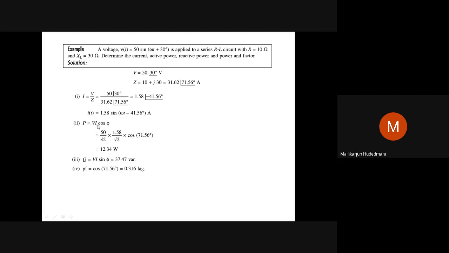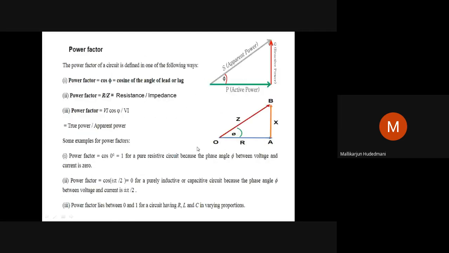I cos phi is the component of the current in phase with V. Then I sin phi is the component in quadrature with V. You can see V I sin phi. It is quadrature. With respect to this, it is perpendicular. Then I have two sides. Those two sides are over here. One is the I cos phi side, which results in V I cos phi as active power. I cos phi into V.